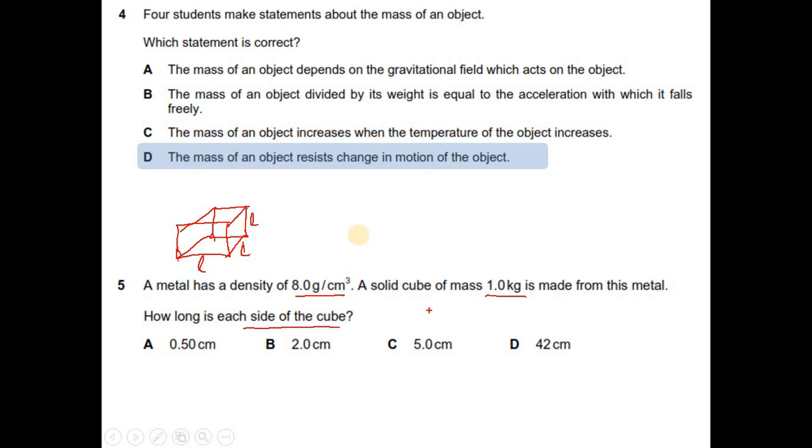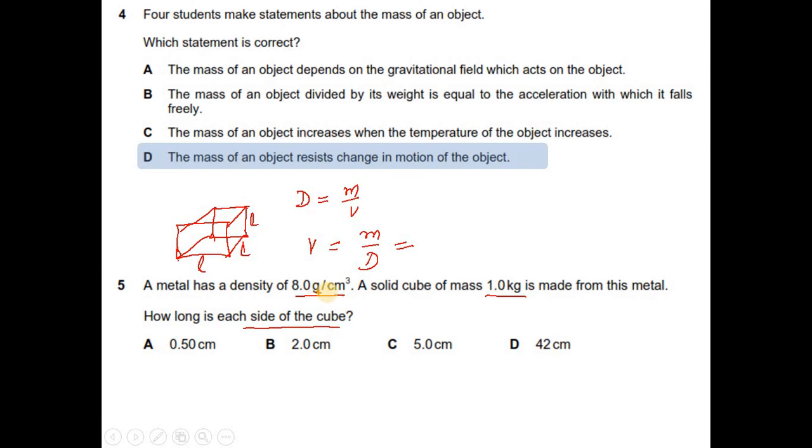So we know that we have a formula for density. Density D is equal to mass over volume. Because we need to find the length of each side, we need to find the volume first. If you rearrange this equation, V is equal to mass over density. But before substituting the values in the formula, make sure that they have the same unit.